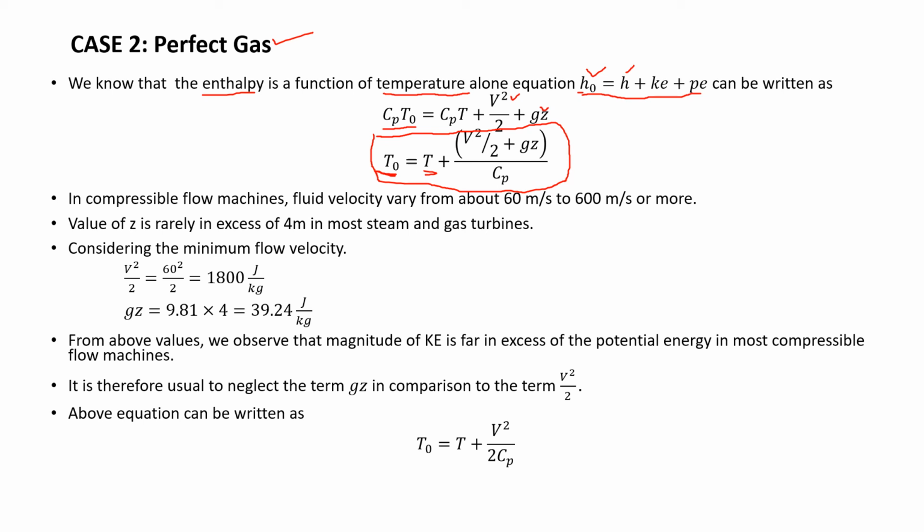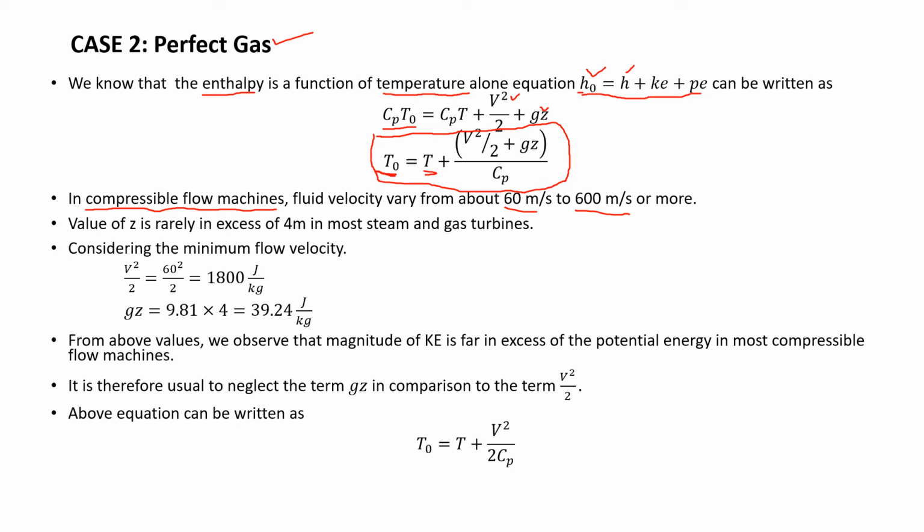Now let us try to simplify this by substituting the values, whatever values we assume. In compressible flow machines, usually the fluid velocity varies between 60 meters per second to 600 meters per second. This is the range of the fluid velocity in a compressible flow machine.